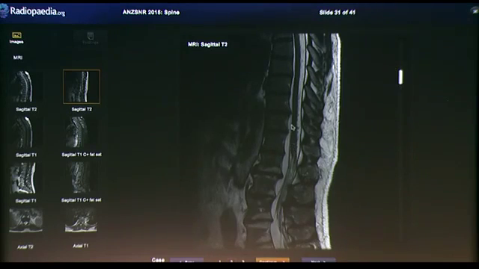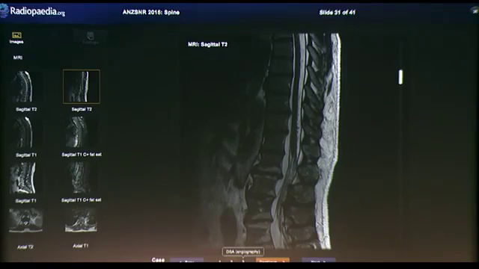And in the context of this conus signal abnormality, very, very suggestive of a spinal dural AVF, which, as has been pointed out, is a readily treatable and reversible cause of myelopathy.